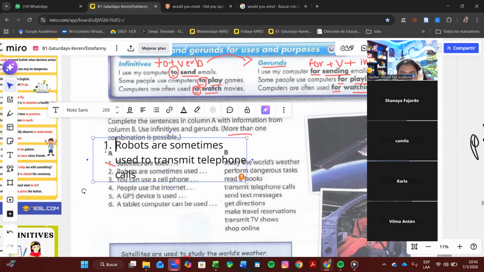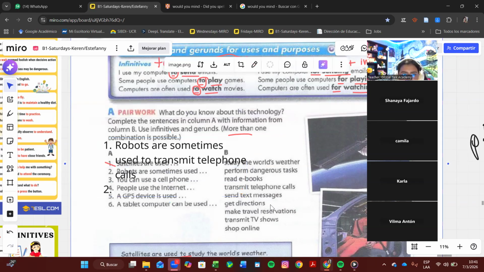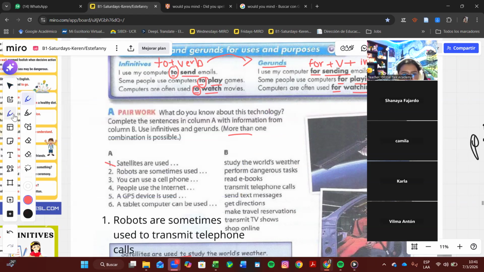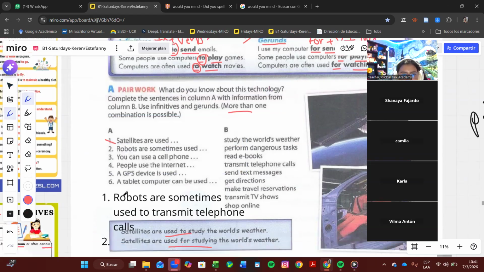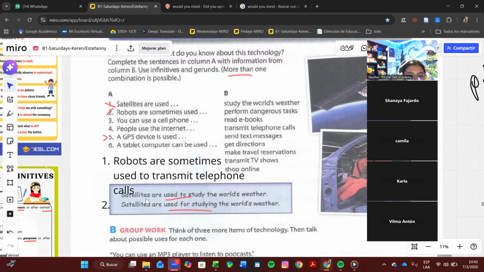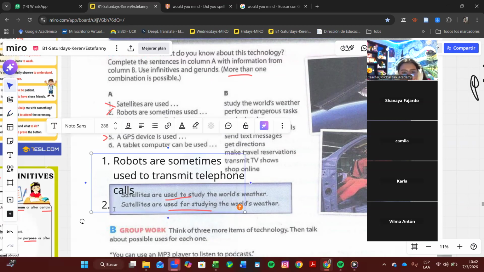Okay, so let's do three of them. Manuel, are you there? Yes, teacher. Okay, so what about a GPS device? What do you think? A GPS device is used for directions. Okay, so for, it's a gerund.